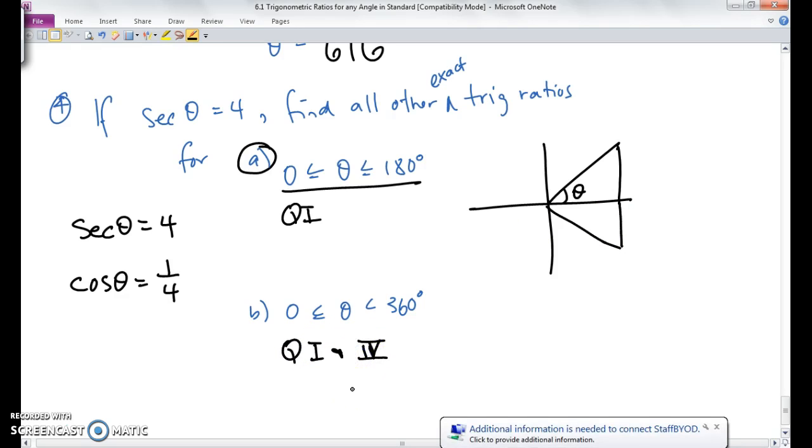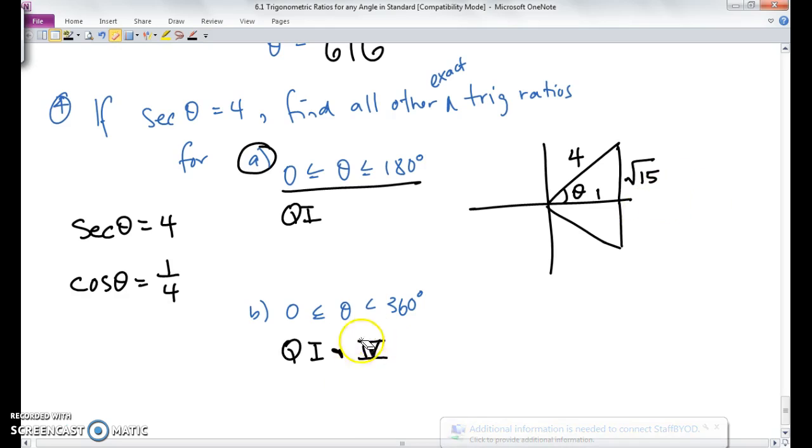Okay? Now, cosine, if you recall, is adjacent over hypotenuse. So the adjacent side is here and the hypotenuse is there. So if I use the Pythagorean theorem, I can find this side here to be root 15. And now you can find the sine, the cosine, the tangent, the cotangent, and so on, just by using the correct ratios.